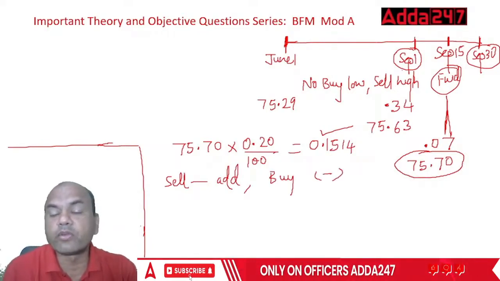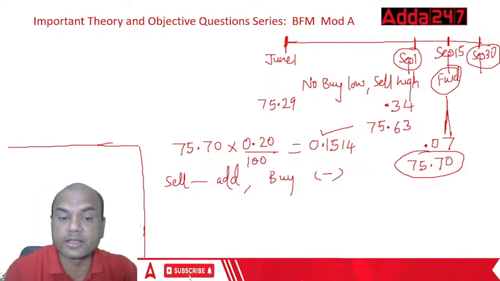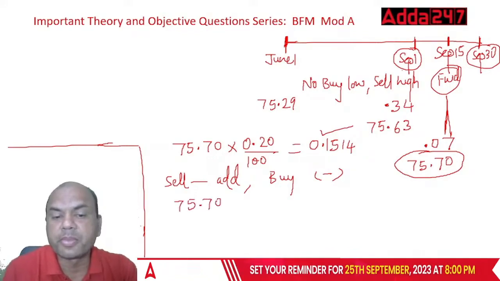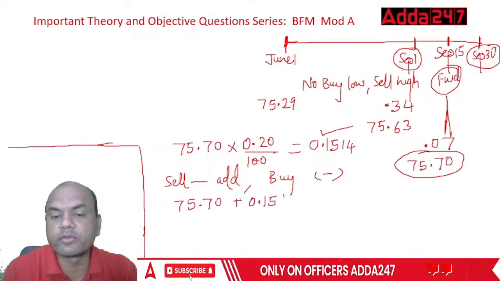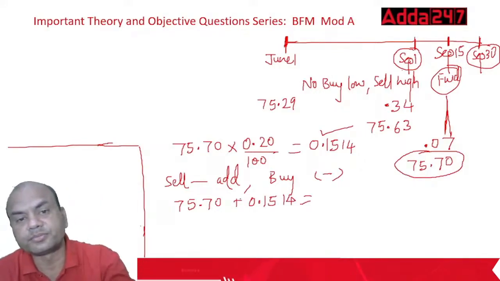Okay. So now what am I doing? I am doing the import transaction, means selling. So I'll add this. So what will be my final rate now? 75.70 plus 0.1514. So what is the answer you are getting? Add it.